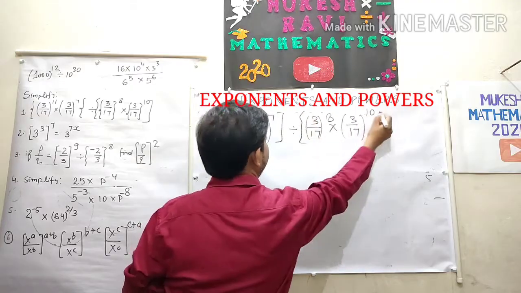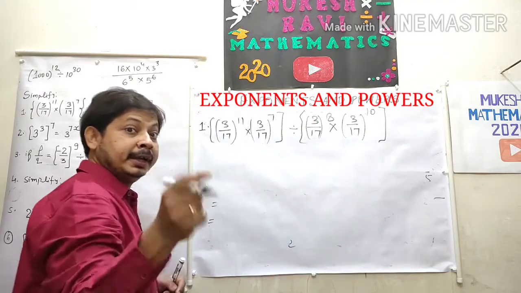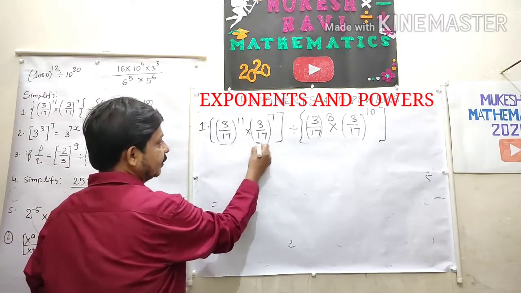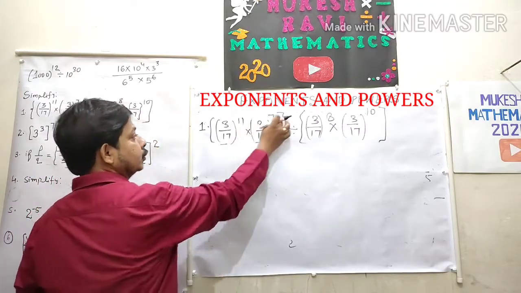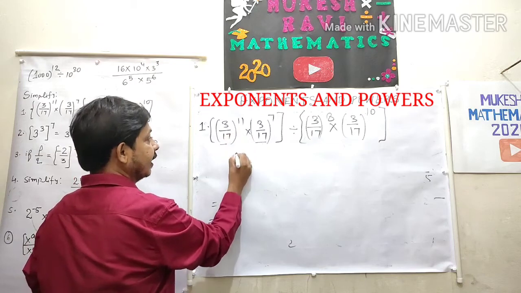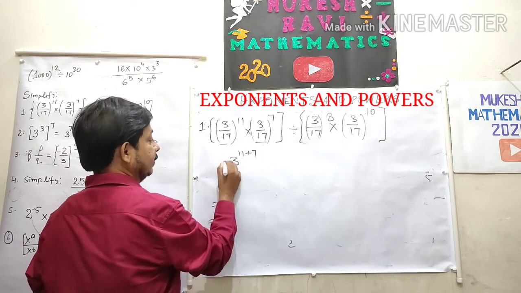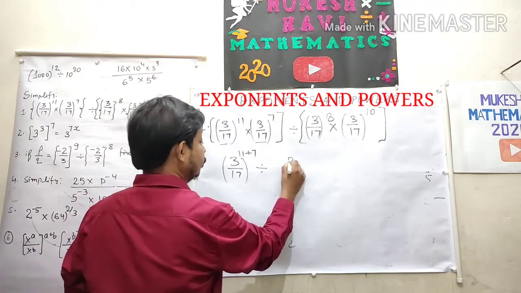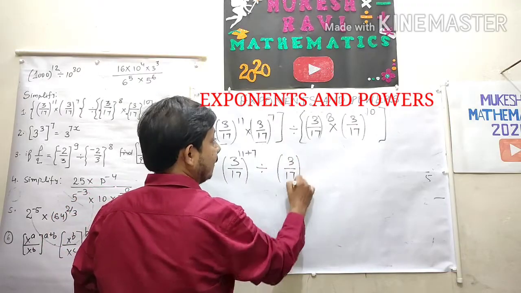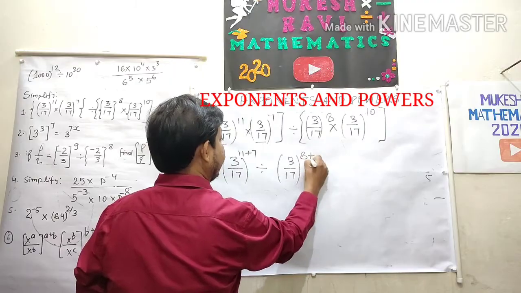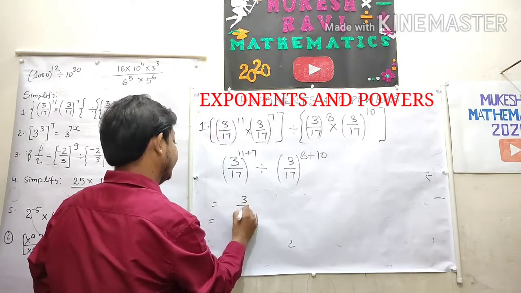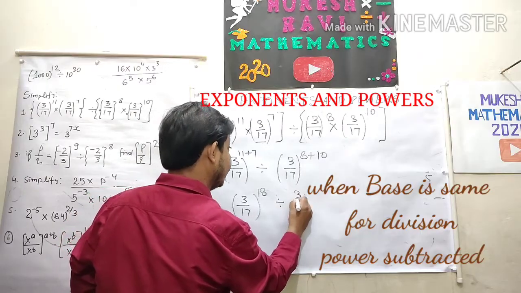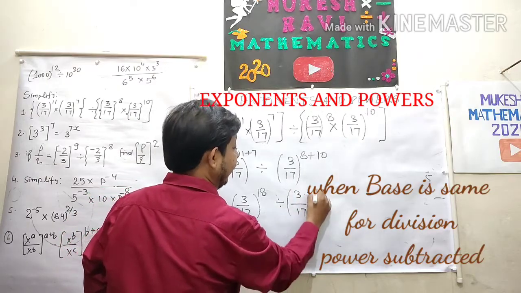And we have to express this value in terms of power 10. How? Check here. First of all, 3 by 17 base is same. Power should be added in multiplication. We can write 11 plus 7, 3 by 17 to the power 18. Division: 3 by 17, 8 plus 10, so 3 by 17 to the power 18.